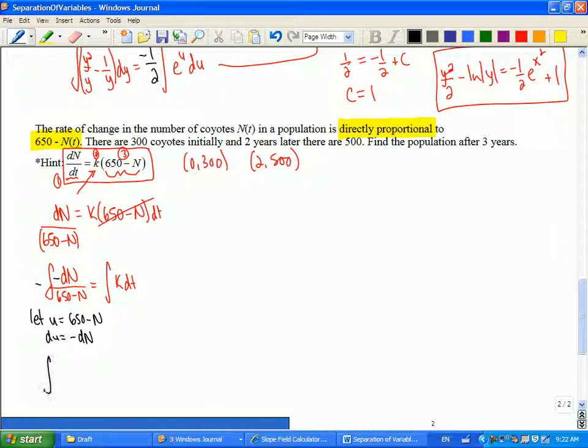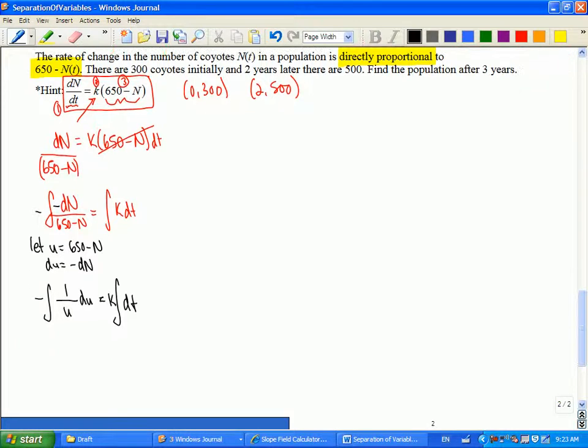And I'll have the integral of 1 over u du equals the integral, and I might as well take k out of there just so it doesn't confuse me because it's a constant. I can pull that constant out. And now I can do the integrals. This will be negative natural log of u equals kt plus some constant.